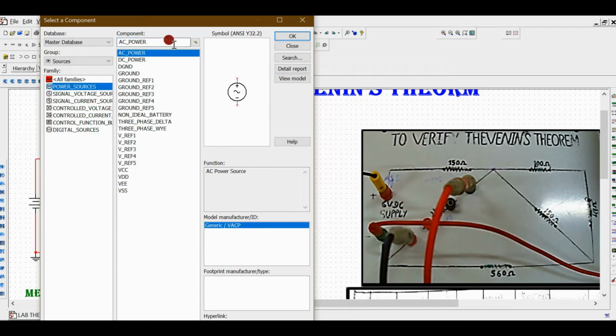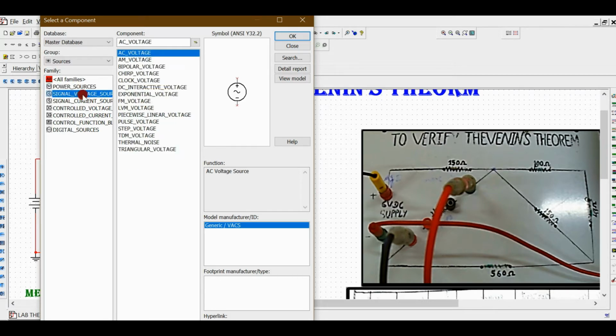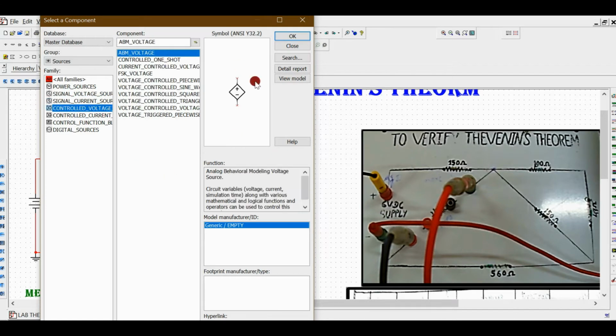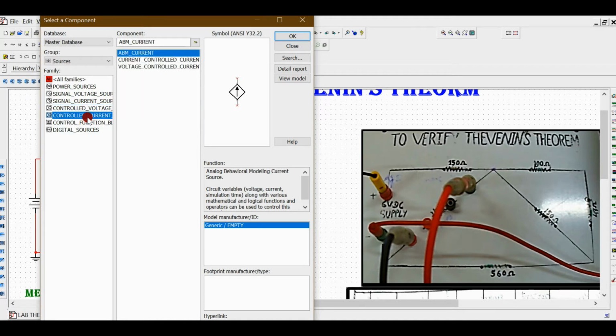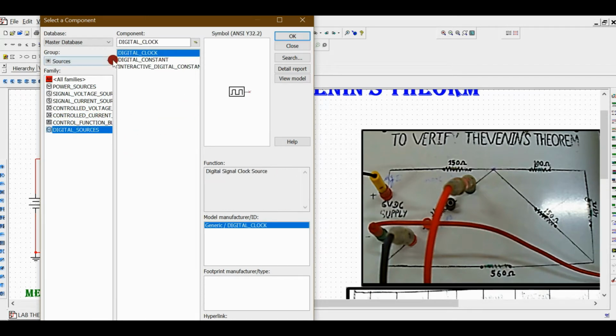This is the power source where you can get AC power, DC power, ground, 3-phase power, whether it is delta or star circuit. Then signal voltage sources are there, signal current sources are there, dependent sources and independent sources are there, controlled voltage sources, you see, these are the voltage controlled sources. Then current controlled sources, you can see, digital sources are also there. So you can find these in the master database guys.